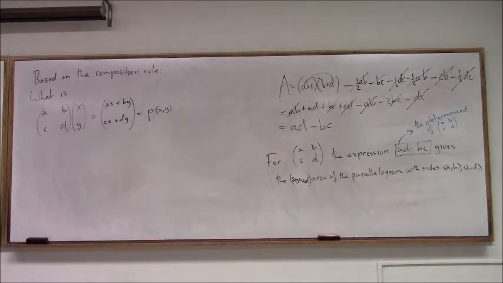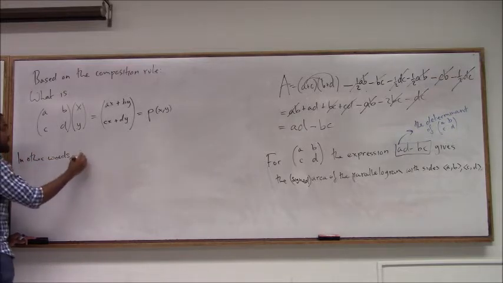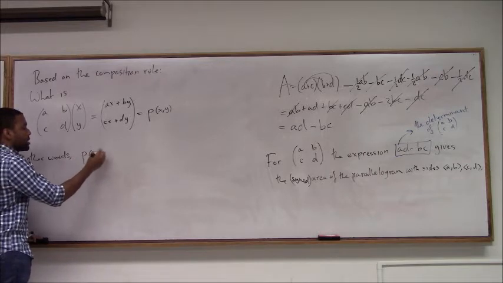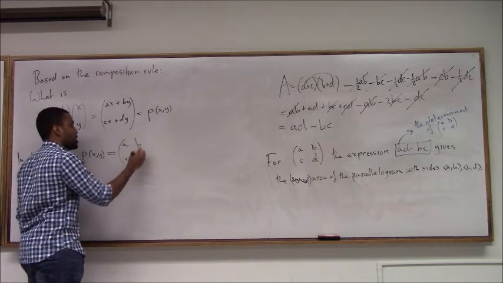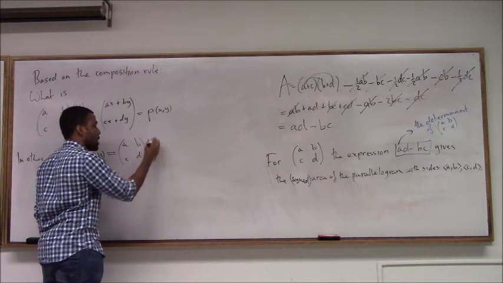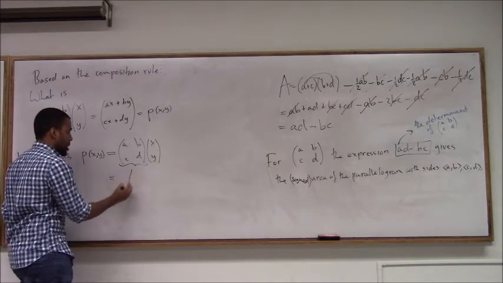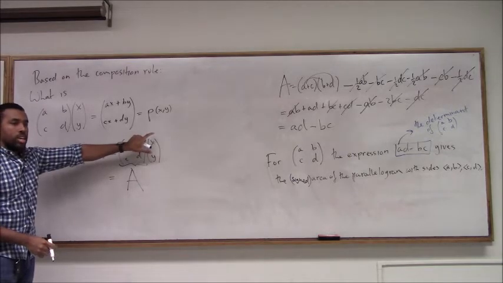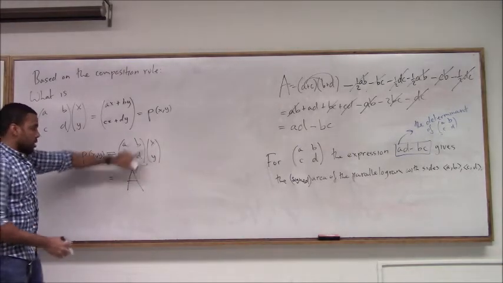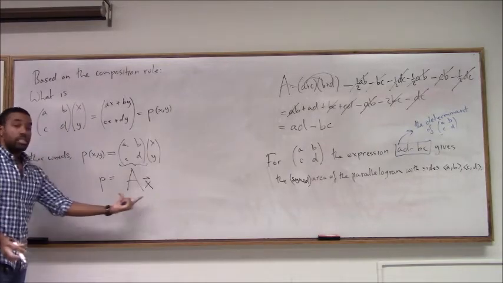In other words, I could say that P of xy is equal to A, B, C, D times this vector xy. If I call this guy a capital letter A, and call this guy a generic vector that would represent my coordinate system, I could write P as this kind of expression.